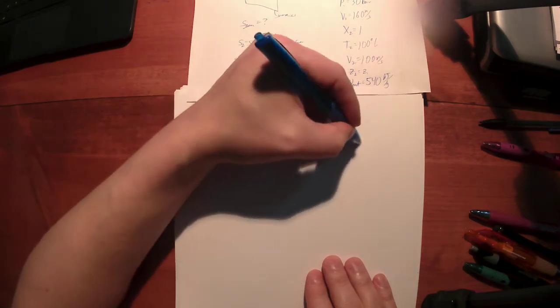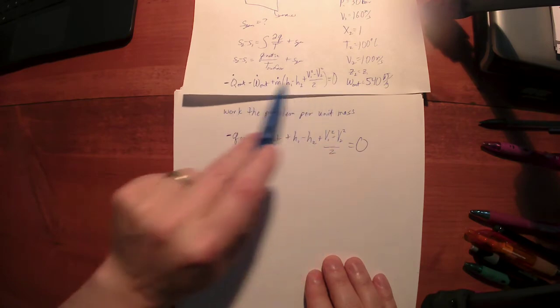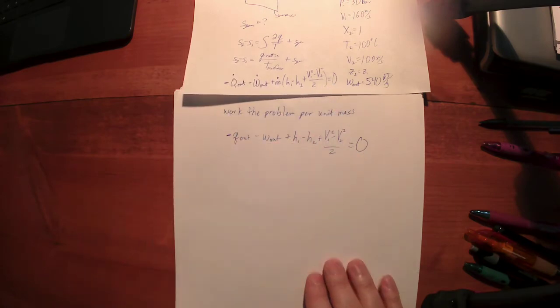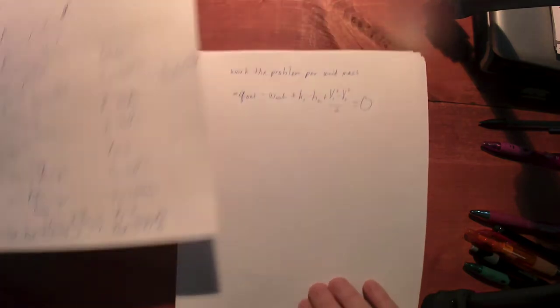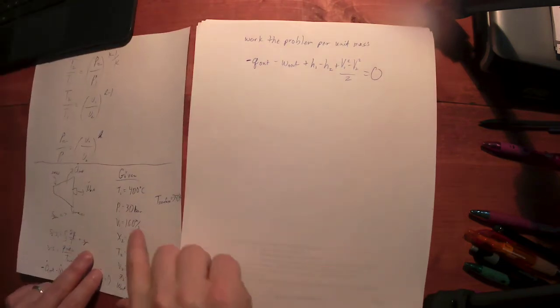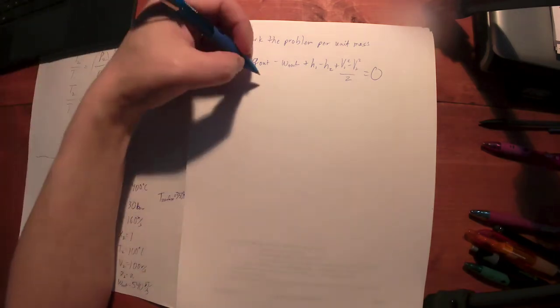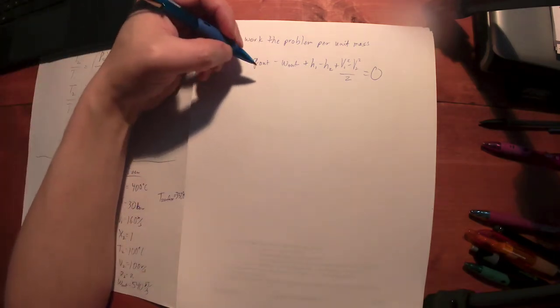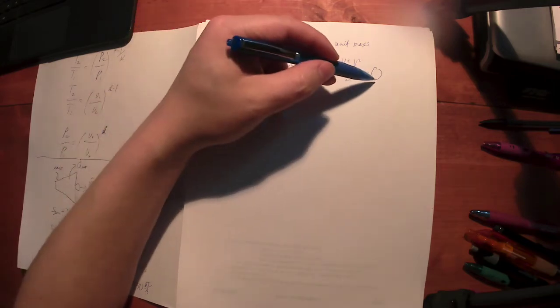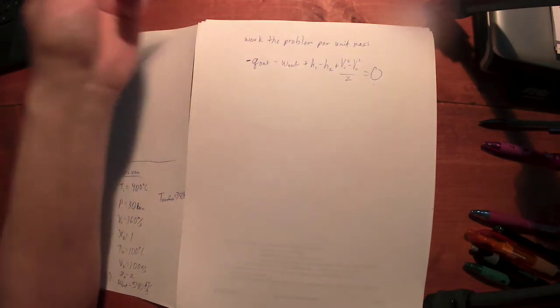That's still equal to 0. So basically I've divided the whole thing by m dot. 0 divided by m dot is still 0, because m dot is not 0. How do I know m dot's not 0? Because I've got speed. You're not going to have speed if you don't have m dot. It just wouldn't make sense to not have m dot. So we'll keep the mathematicians happy and say 0 divided by m dot is still 0.